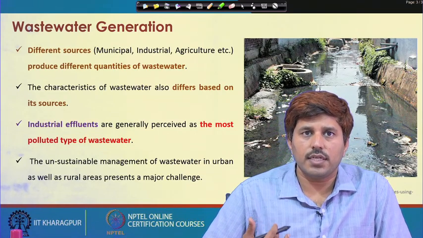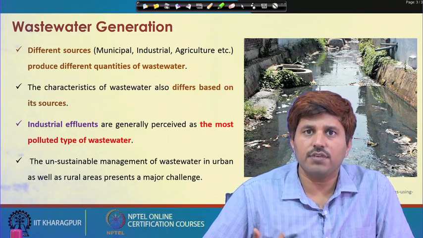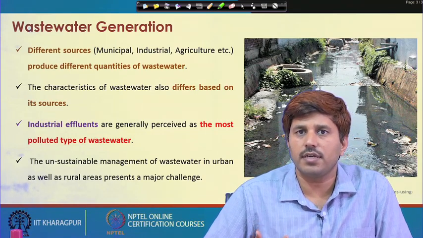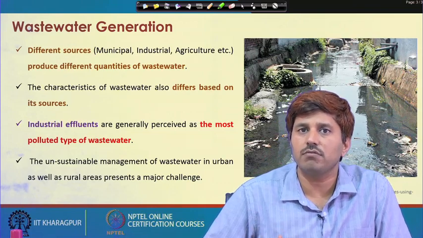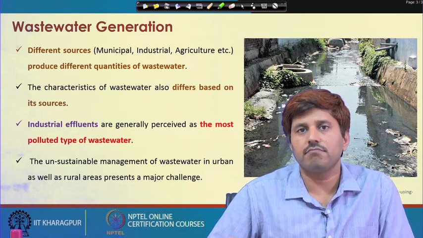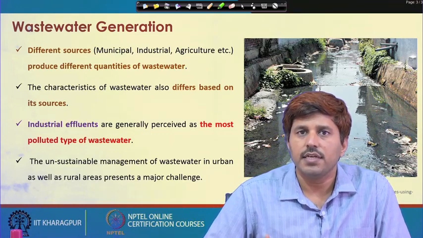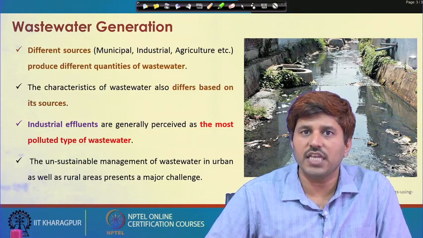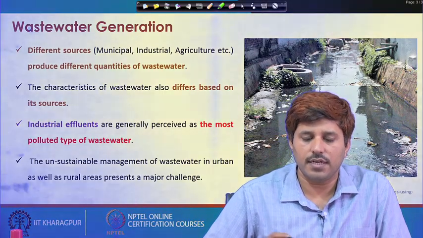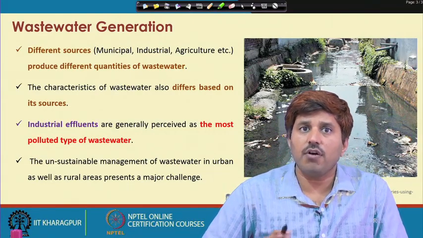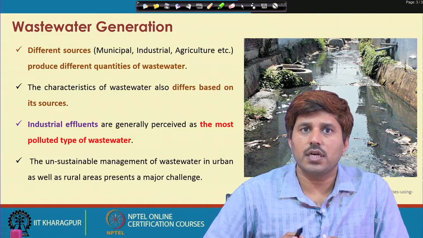The quantity of municipal sewage depends on the population of that town or city, whereas industrial wastewater generated will depend on what type and size of industries are there and consuming water.